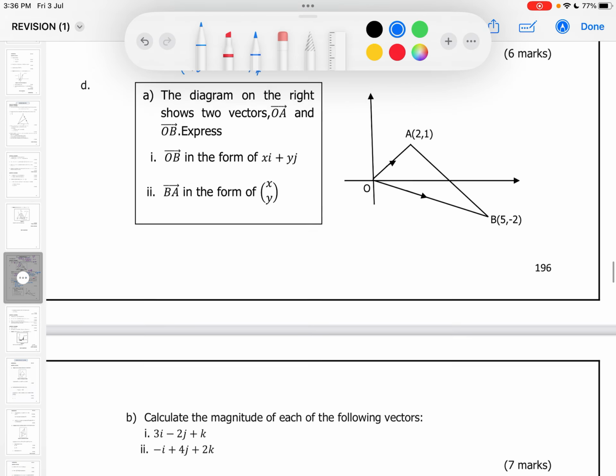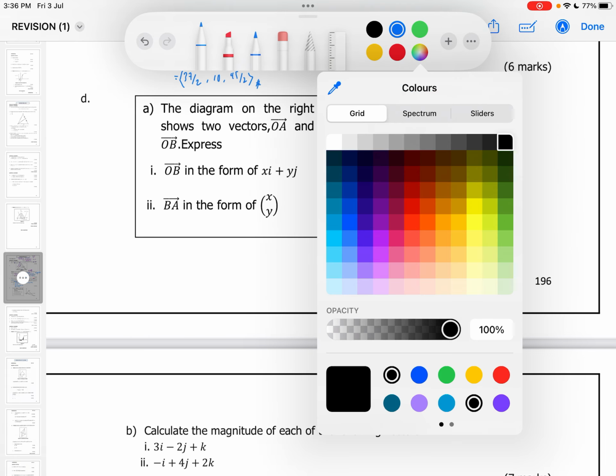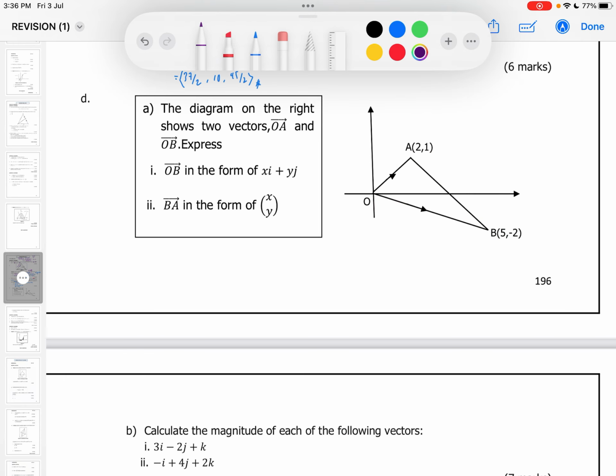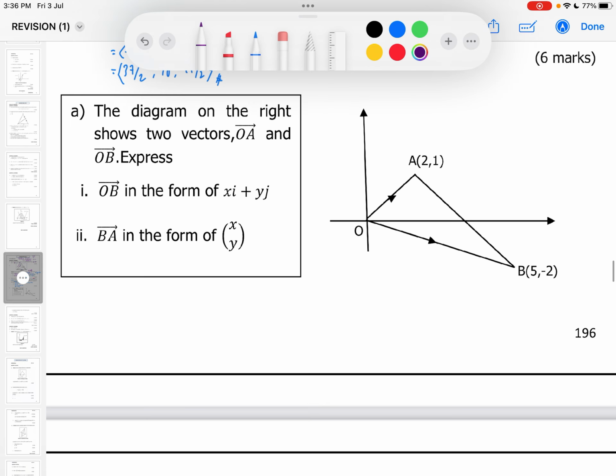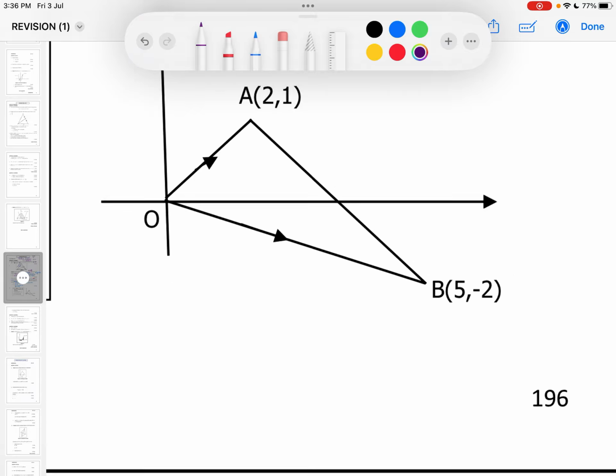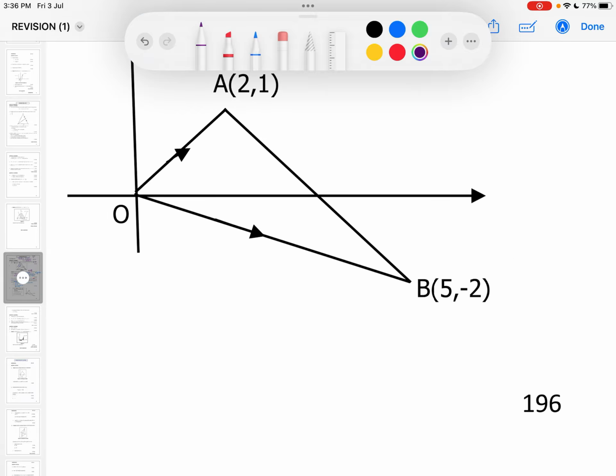Okay. Now for D. The diagram on the right shows 2 vectors OA and OB. Express OB in the form of xi plus yj. So this is like i and j is basically ups and downs, left or right. Okay, so let's first, since OB is equals to 5, -2, we can just put it in the form i and j.